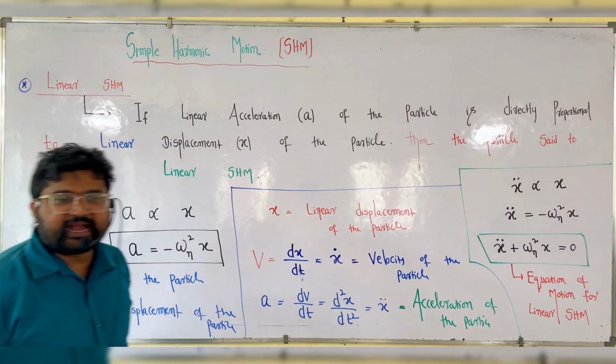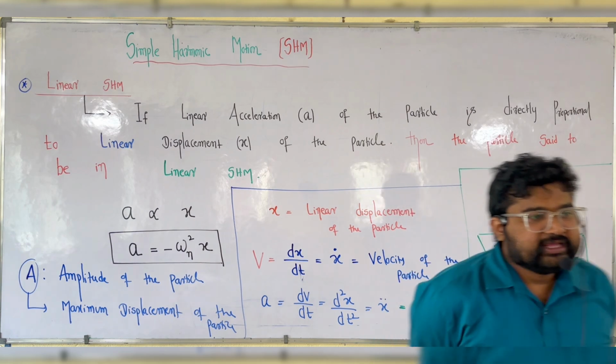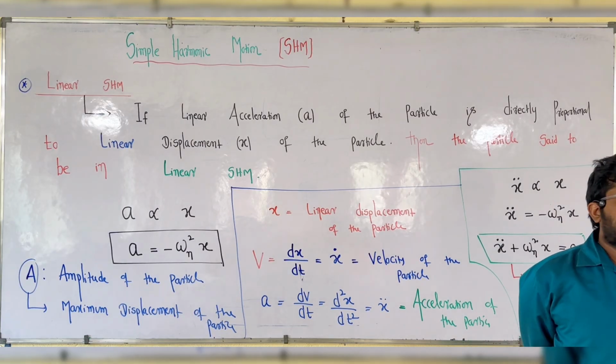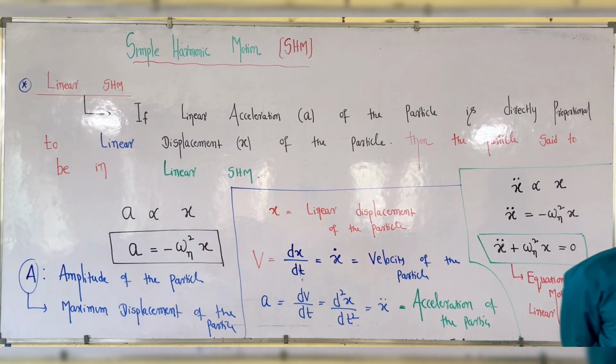Velocity of the particle and acceleration of the particle. Here, this is the equation of motion. Omega n is the natural angular frequency.